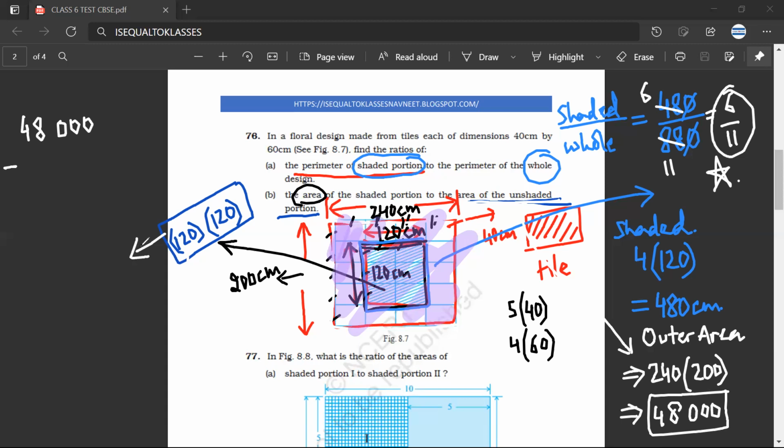What is the inner area? 120 into 120, 14,400. Shabash. So this will be 14,400.